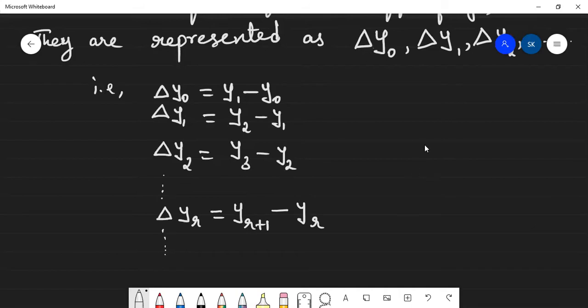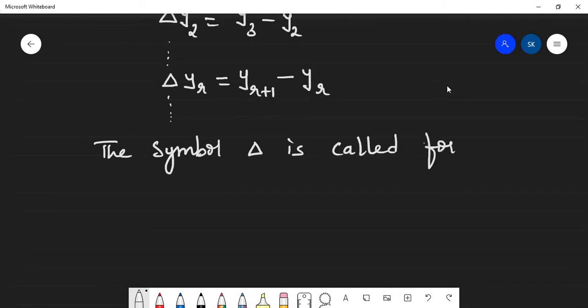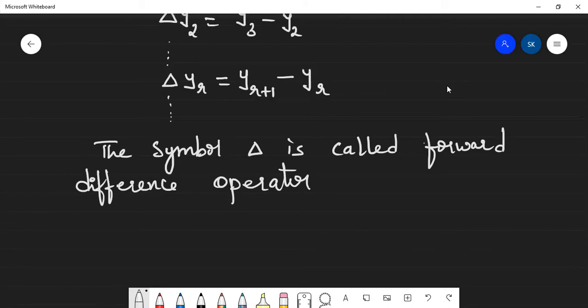In general, the symbol delta is called the forward difference operator. So in general, I can write the forward difference operator on yr equal to yr plus 1 minus yr.